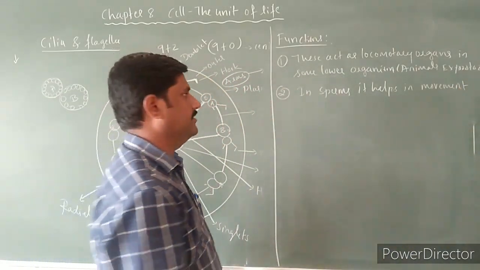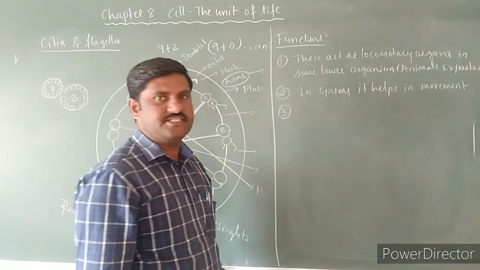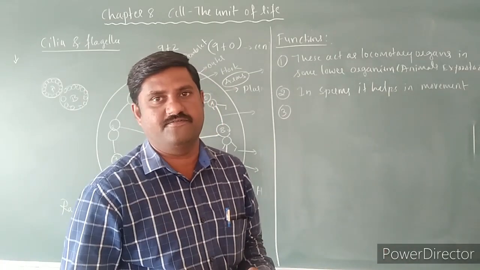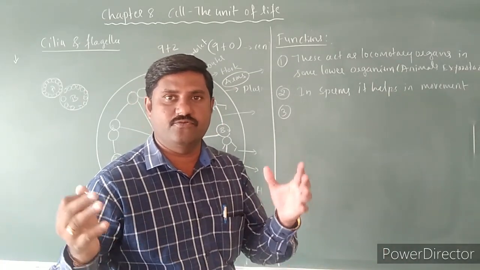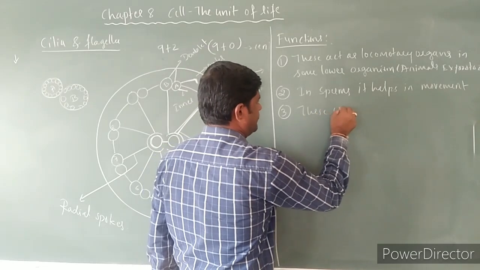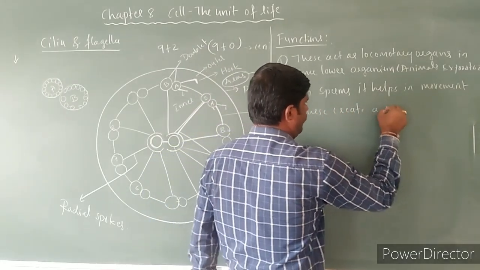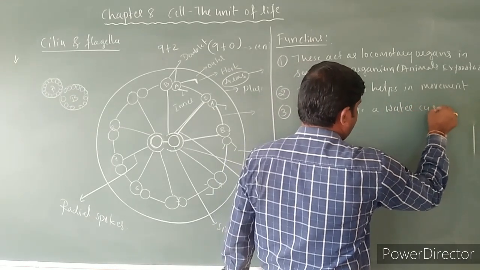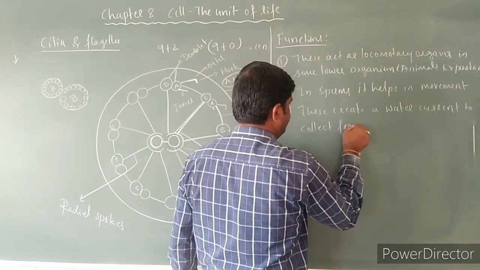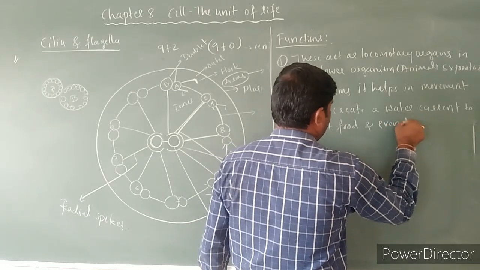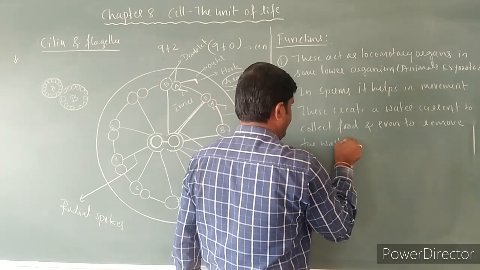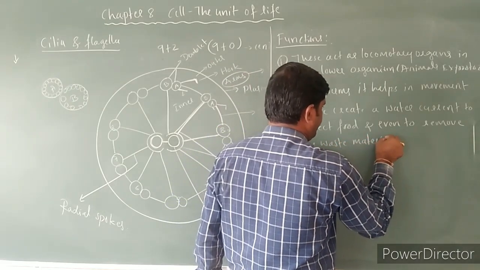Next, in some of the organisms, cilia as well as flagella help in collection of food material by creating a water current, to collect food and even to remove waste materials from the body.